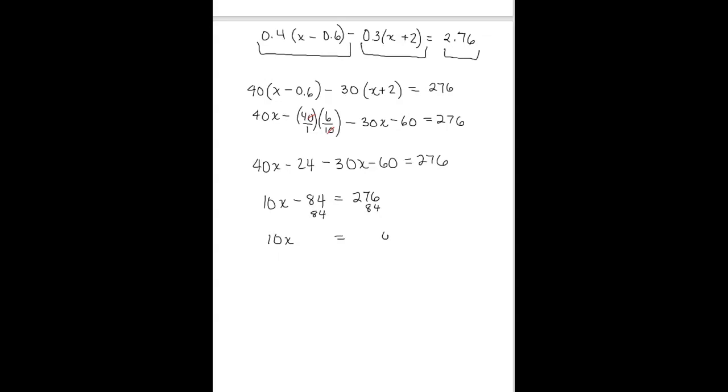And then here I'm going to have this become my 360, if I've done this right. Yes, I have. So then I'm going to go ahead and divide both of those by 10. And so my x is going to equal 36. And we're done with that problem.